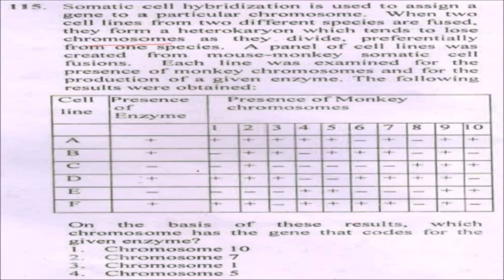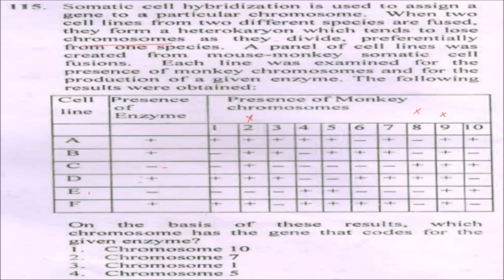So a very simple trick here is to first point out the chromosomes in the lines which are not producing the enzyme. So here minus is there in cell lines C and E, the enzyme is not produced, but chromosome 2, chromosome 8 and chromosome 9 are there.